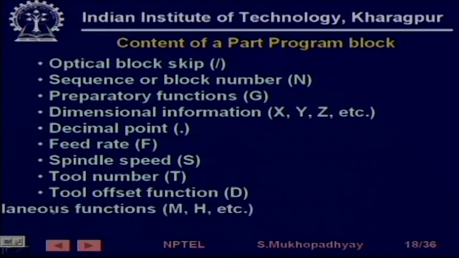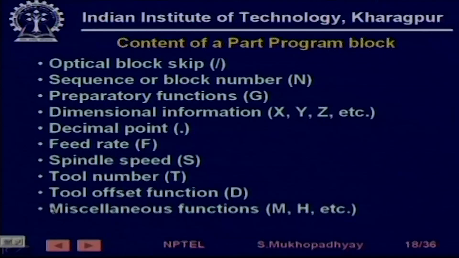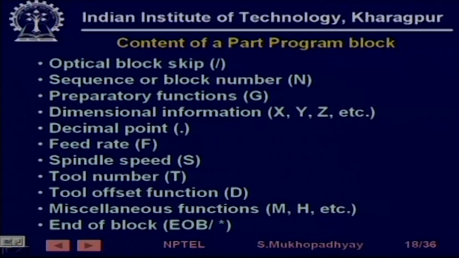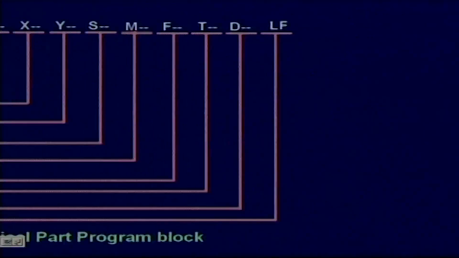So, those functions are to be set during the preparatory phase, and there can be various other miscellaneous functions. There can be other auxiliary functions also, like switch off coolant, switch on coolant, and things like that. And finally, it has to have an end of block signal.